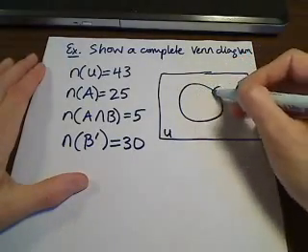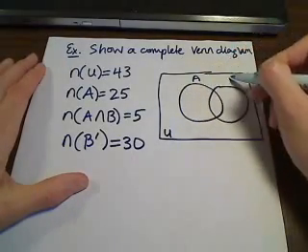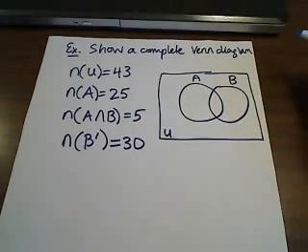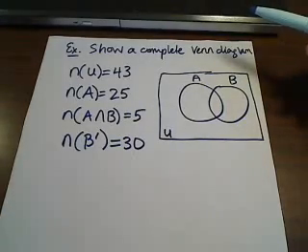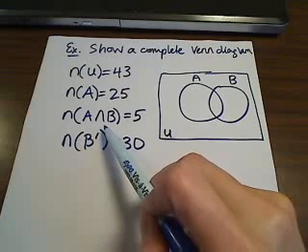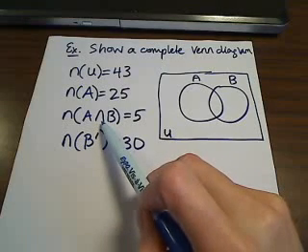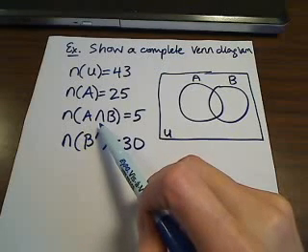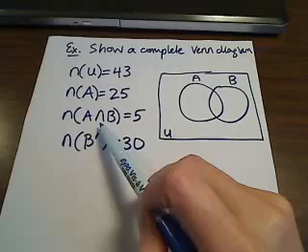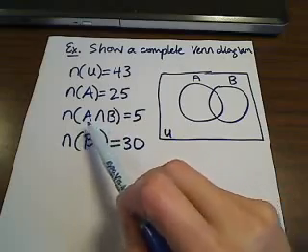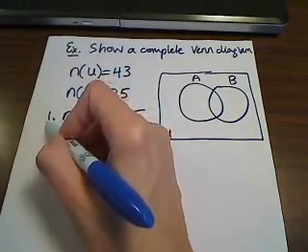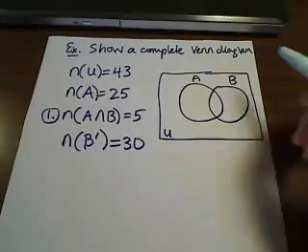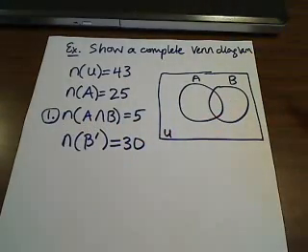So I'm going to give myself a picture of A and B. And when you're doing these problems, you're always going to start with wherever the intersection is, because that's going to be the place that has the least amount going on in terms of numbers, and it'll be the easiest for you to identify. So I'm going to label in what order I do these. So I'm going to work with this piece of information first.